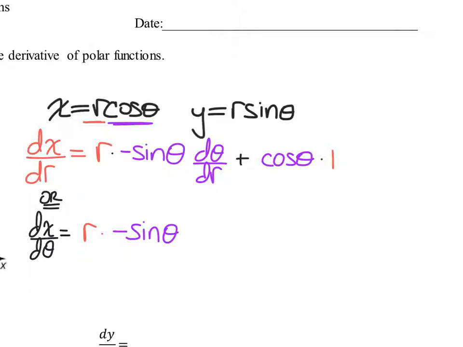But it's with respect to theta, so I don't need a dθ/dθ, because it would go to 1. All right. Plus the second function, which is cosine of theta, times the derivative of the first, which would be dr/dθ.